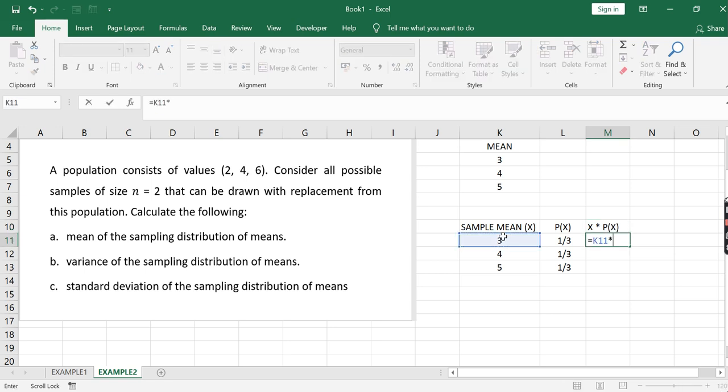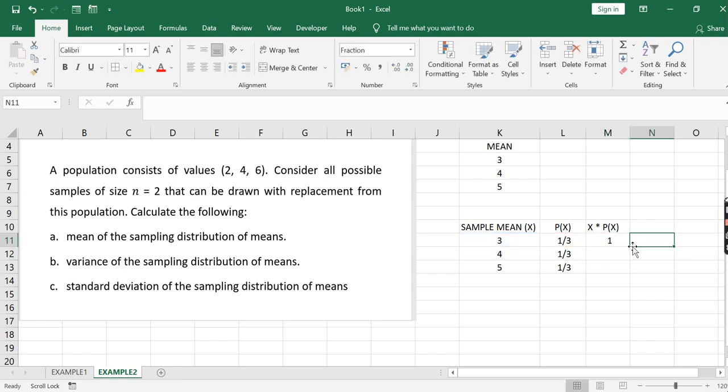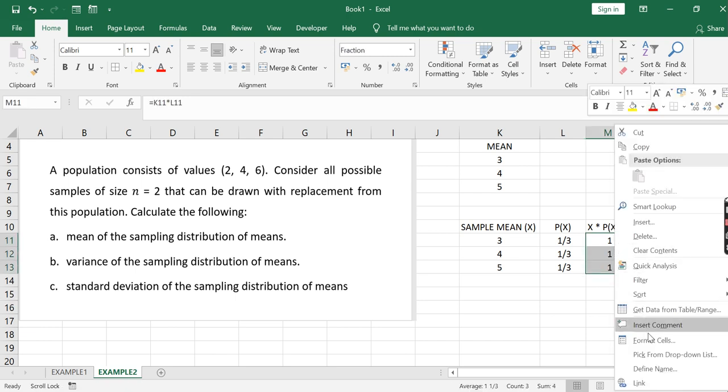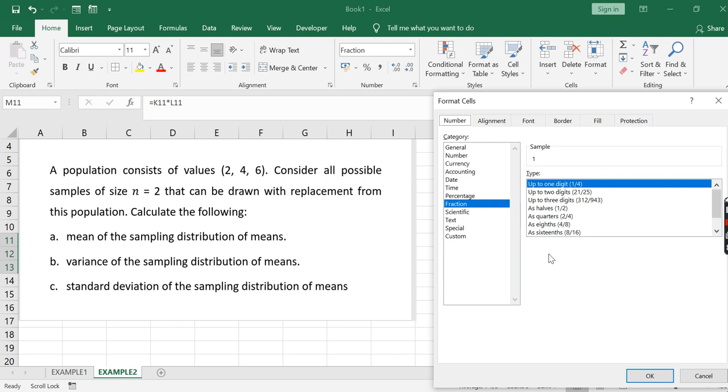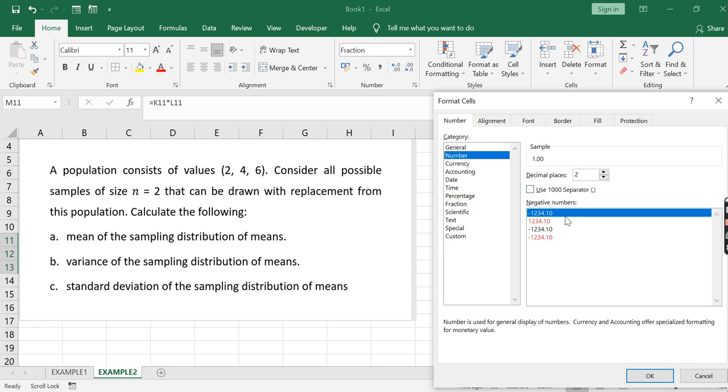3 times 1 over 3. There we go. And then simply drag it down. But I'm going to make it decimal to make it easier to read, because I know some of you are having a hard time reading fractions.